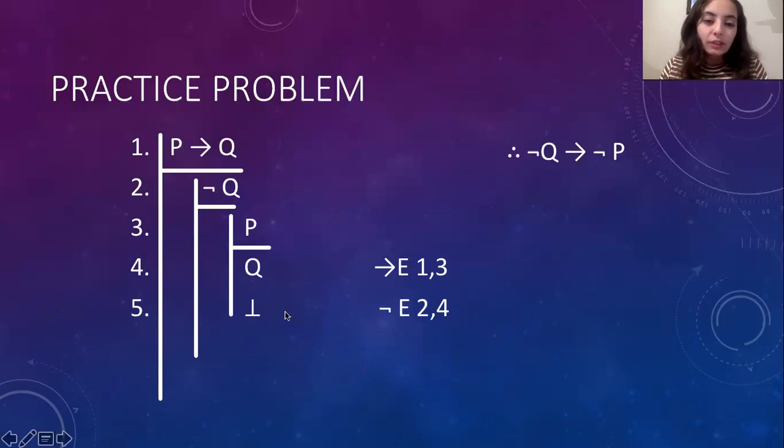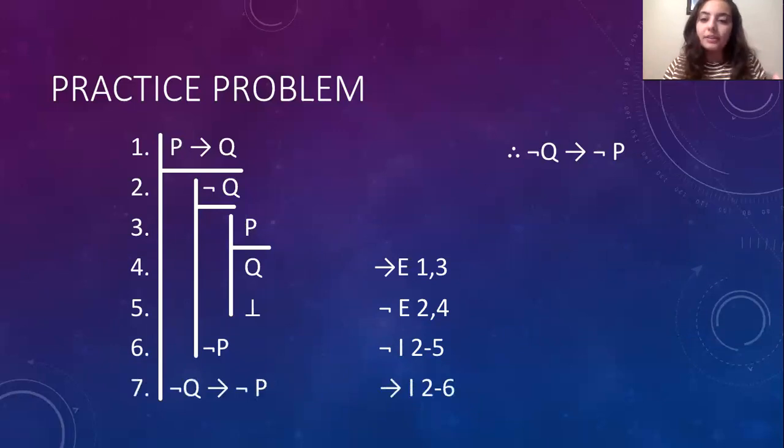Okay, so now that I have lines 2 and 4, now I can say not P. Okay, so because I was able to get P leading me to a contradiction, then I can get pretty much not P. Okay, so then now that I have not Q leading me to not P, now I can do what?